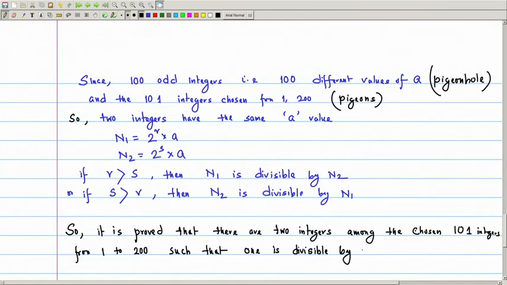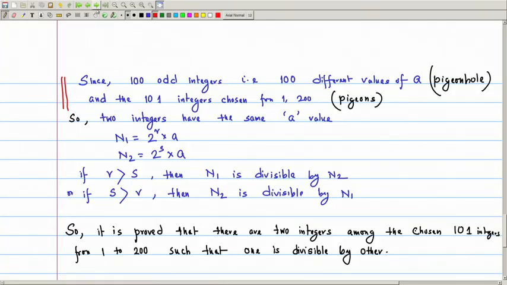And we have applied the pigeonhole principle to show that. So, this is one class of numerical problems that we can solve using the pigeonhole principle.